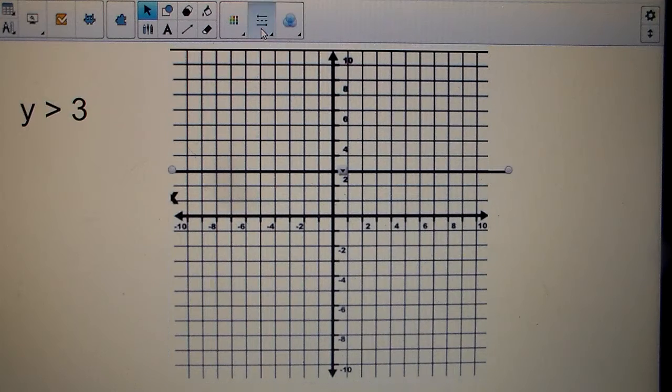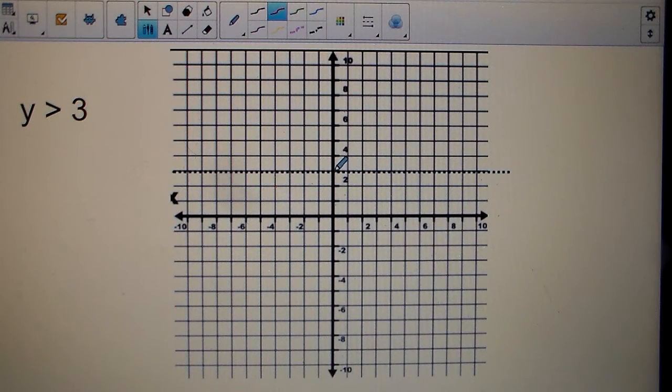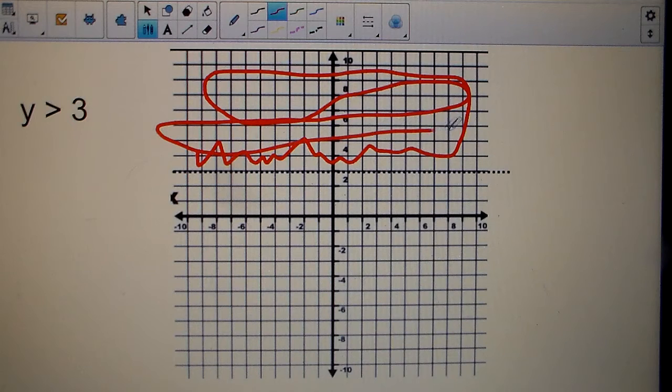Now this black line needs to be dashed because it's just greater than. And where are the numbers that are greater than 3? Are they above or below the horizontal line? Well, greater than is above. So we have to shade everything above that horizontal line.